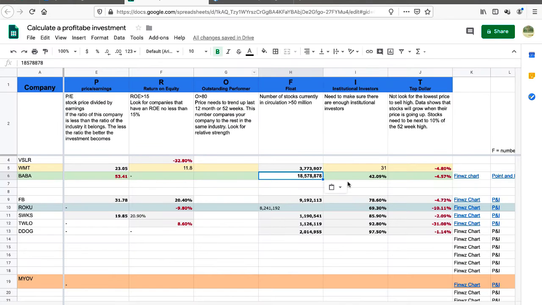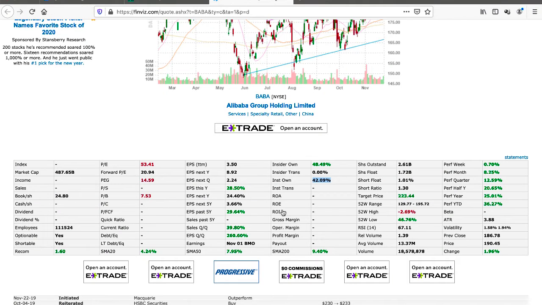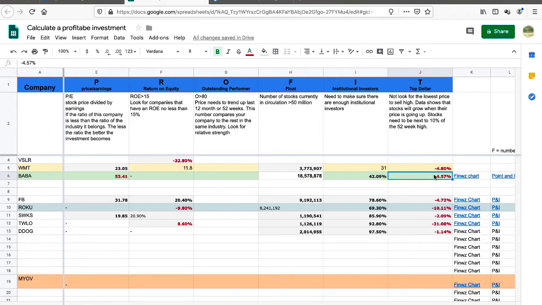It's a little bit low. Like I said, normally you want it in the 70s, 80s, 90s. 42 is a little bit low, but all in all, it's a bit risky, but not too risky. So the lowest price, the 52-week high, it has to be within the 10%. Right now it's at 2.69. It was at 4 when last I looked at it. So now it's at negative 2.69.